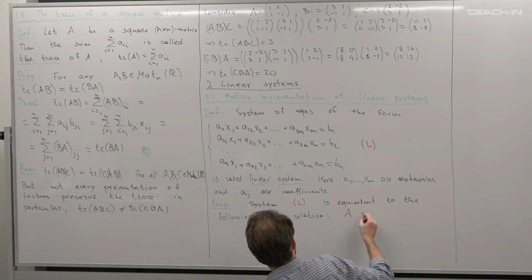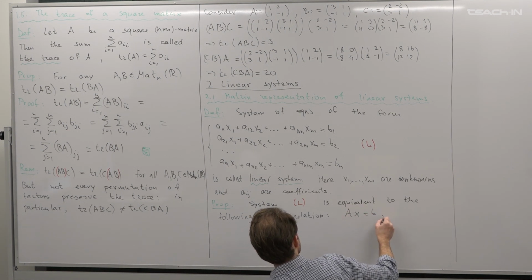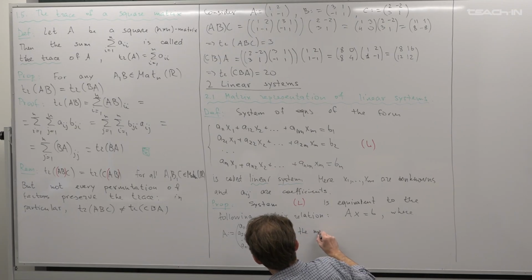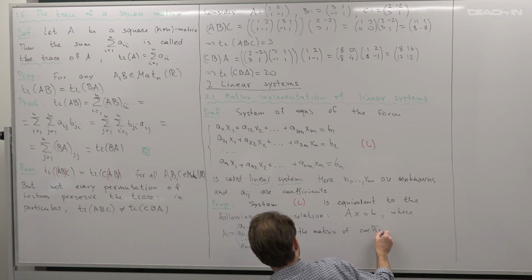So A multiplied by X equals B, where A is the matrix of coefficients, a sub 1,1, etc., a sub 1m, a sub 2,1, etc., a sub 2m, a sub n1, etc., a sub nm. So this matrix is usually called the matrix of coefficients.